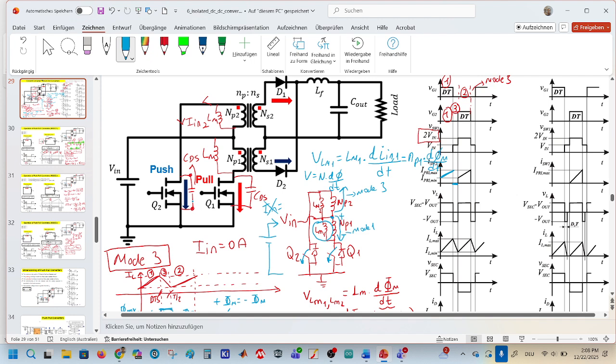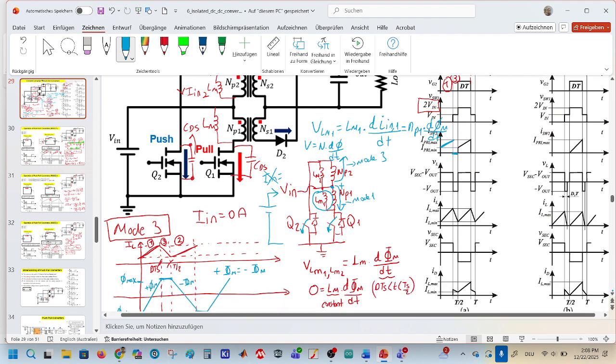We have the number of primary windings, and flux is also changing with the current. The waveform of flux is exactly the same as the current here. You see that this guy here is exactly the same as this guy here because the formula tells me exactly the same.